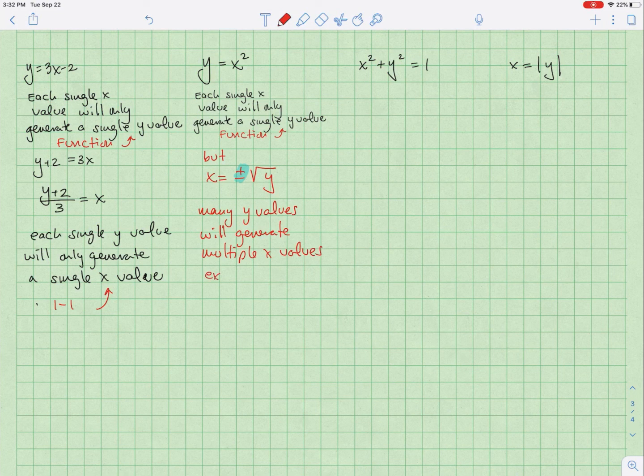For example, if y equals 1, then x is equal to plus or minus the square root of 1, which is plus or minus 1, which means we have (1, 1) and (-1, 1) as ordered pairs.